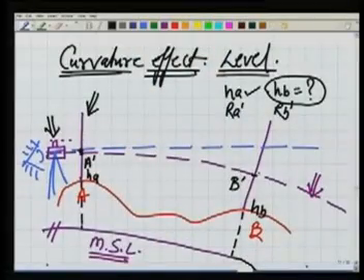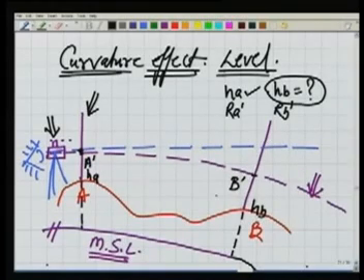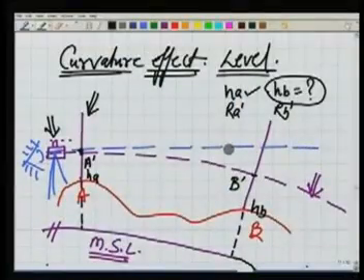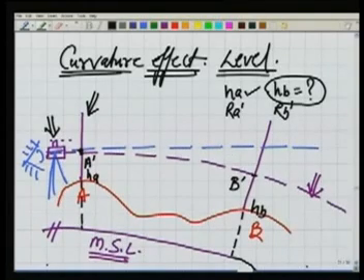But for this point B, if this is, as we saw, if it is 1 kilometer apart, there will be a difference of 8 centimeter. This difference, if I highlight it, this difference will be 8 centimeter if this distance is of order of 1 kilometer. So what we are doing, if we are establishing this horizontal surface over here, the blue line, which we do using our level, we are introducing the error. We are introducing an error which is of order of 8 centimeter.